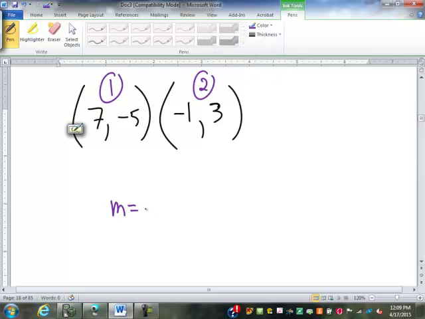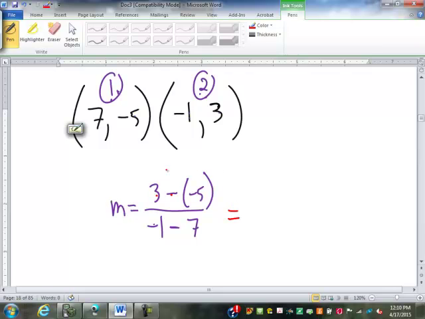My slope: well, y2, point 2, y-coordinate is 3, minus y1, so point 1, y-coordinate, negative 5. Put it in the parentheses just so I don't confuse the negatives. Then on bottom, x2, which is point 2, x-coordinate is negative 1, minus x1, so point 1, x-coordinate is 7.